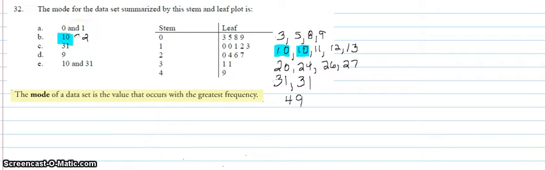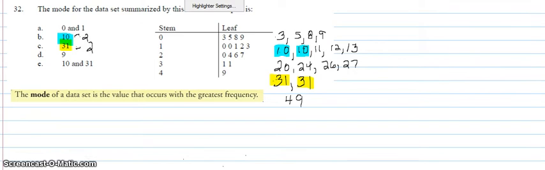31. We'll do 31s in yellow. We have a 31 and a 31. So we have 2 of those. 9.